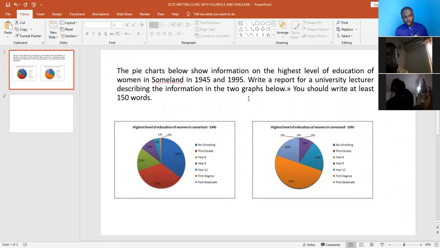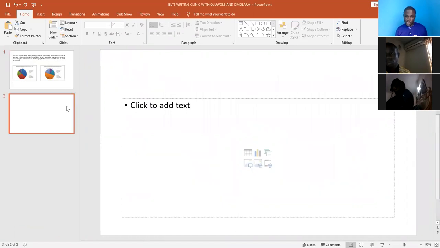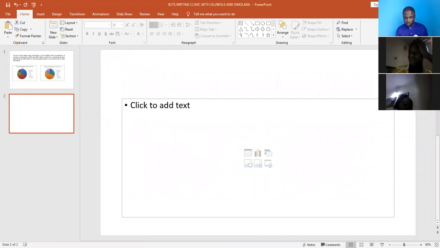The first thing you do in the graph, number one thing to do, let me write it, is write an introduction.